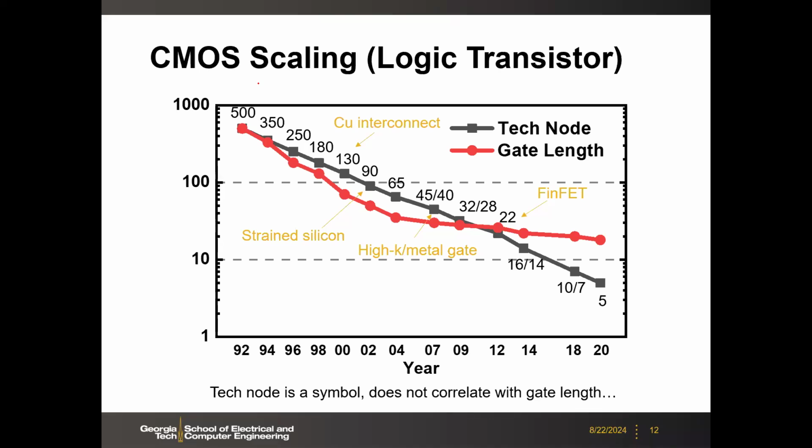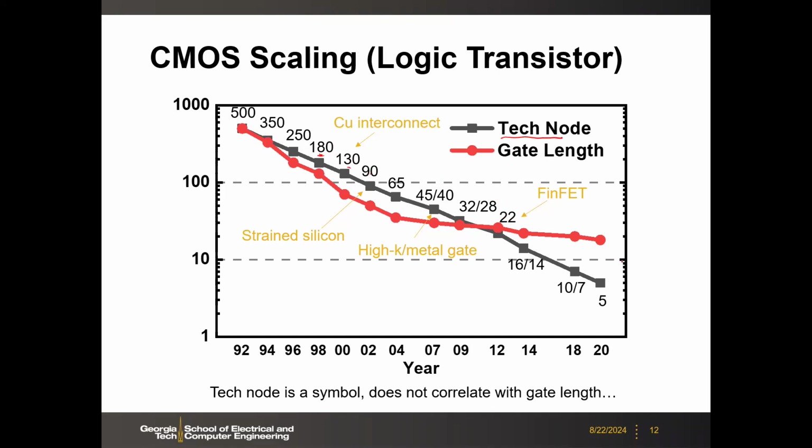You may often hear the tech node, like 180 nanometer, 130, 90, 65, 40, 28, and so on. If you look at the year that each tech node was introduced, it follows this scaling.